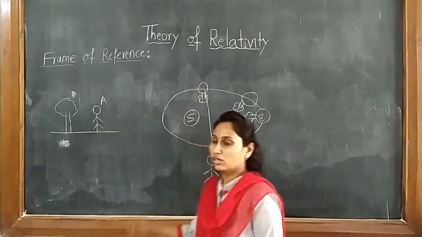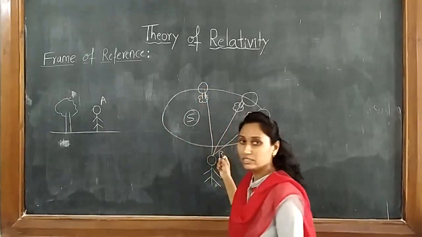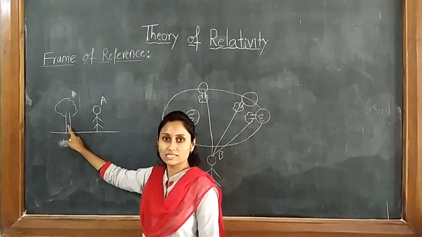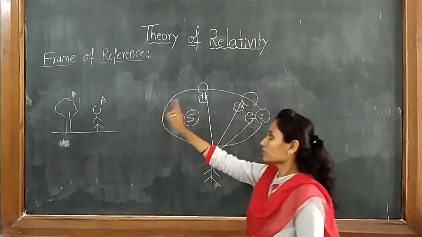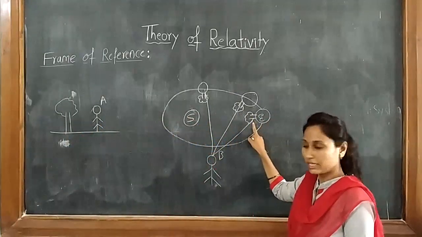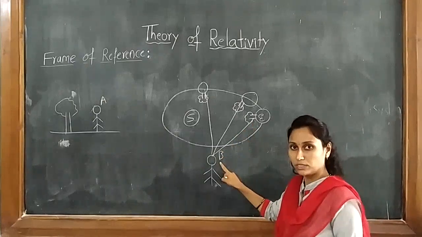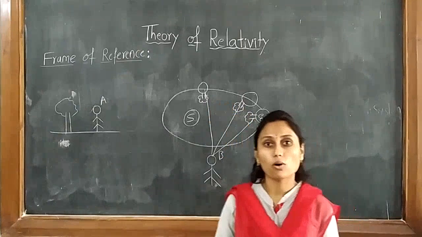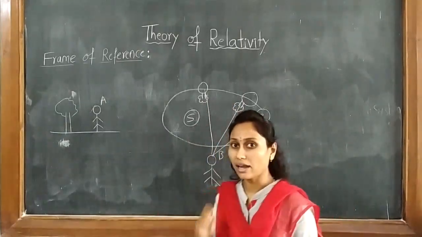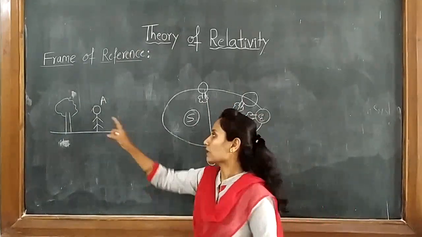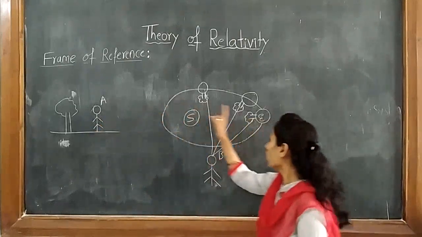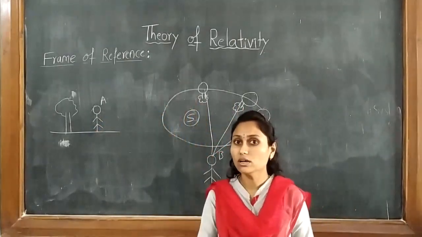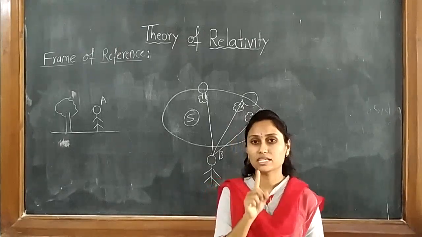Now if you observe these two cases, according to person A the tree is at rest, but the same object, the tree, according to observer B is under motion. So whenever we define whether a particle is at rest or under motion, with respect to what we are defining plays an important role.